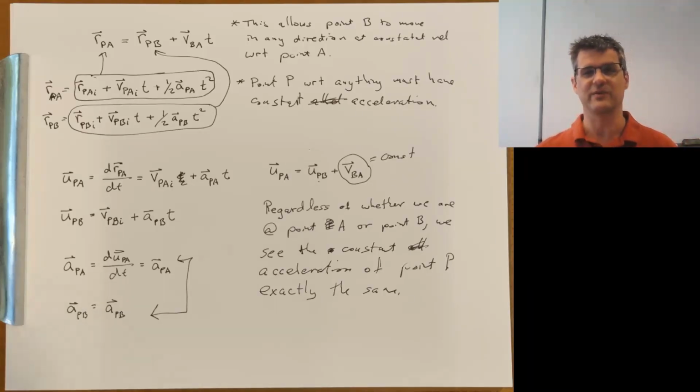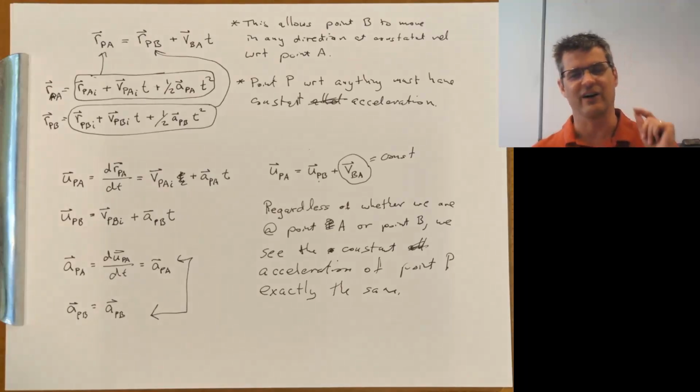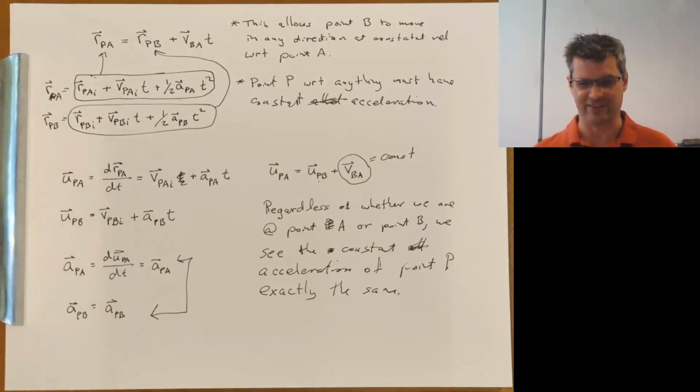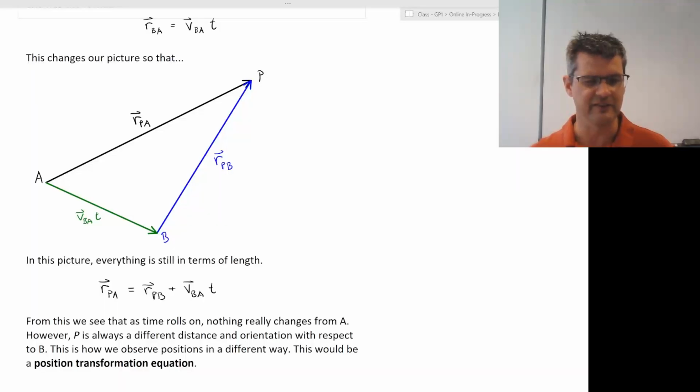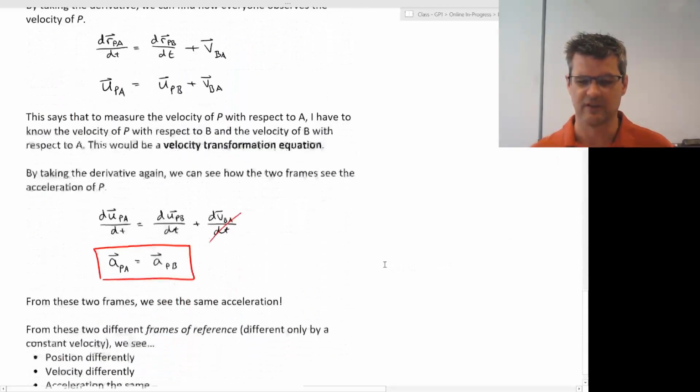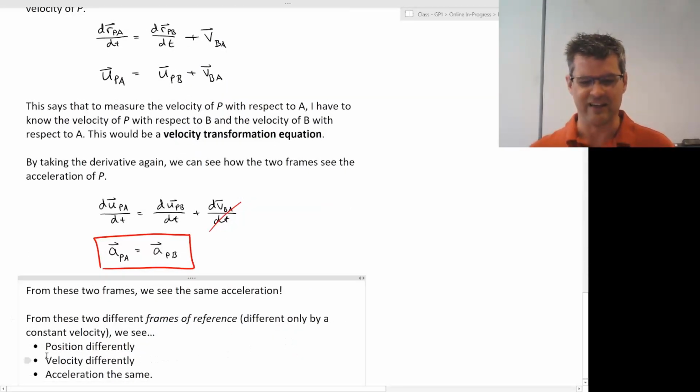As long as we are in a frame of reference that is not accelerating, we can look at anything else and we're all going to agree on how that other thing is accelerating. So going back to one note here quickly, what we eventually see is that different people in different frames of reference moving at constant velocity may see position differently.